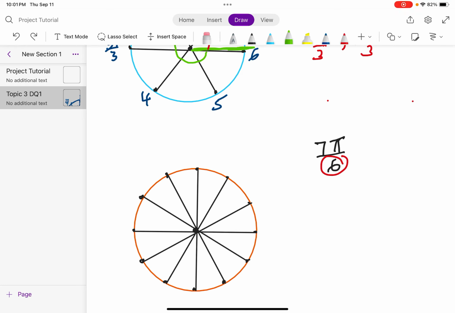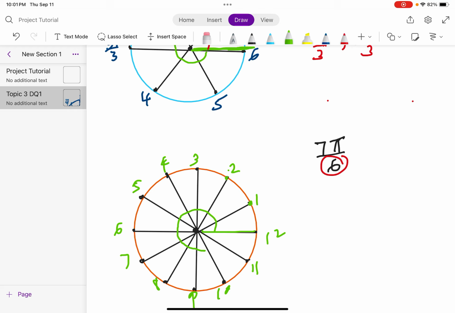That is 1 pi over 6. This will be 2 pi over 6. It'll be 3, 4, 5, 6, 7, 8, 9, 10, 11, and 12. So this way I can easily count, because for 7 pi over 6, you go from the positive x-axis 1, 2, 3, 4, 5, 6, 7, 8, 9, 10.